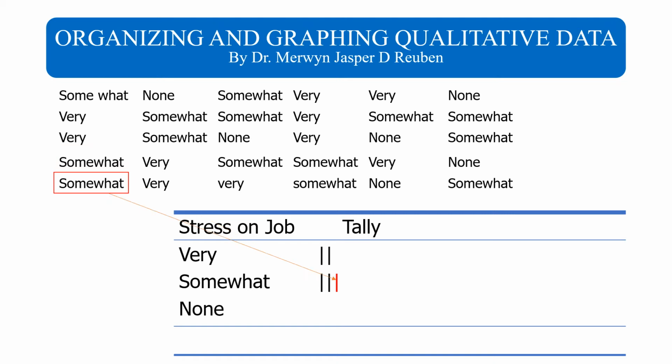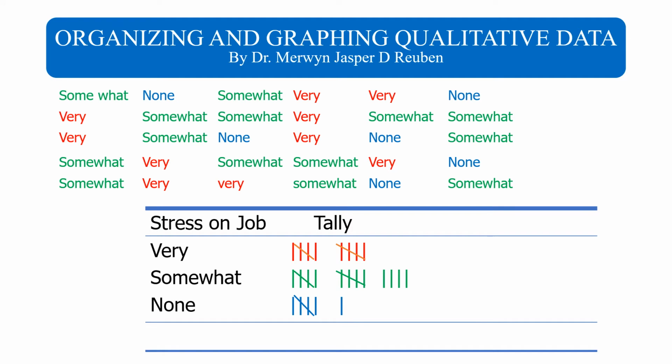Next is somewhat, so a third line against somewhat. Next is none, so a standing line is drawn against none. Next is somewhat, so I draw the fourth standing line against somewhat. Next data is somewhat, so I strike off the four lines in the category somewhat and this forms a set of 5. I continue and mark all the data values under the tally against the categories.